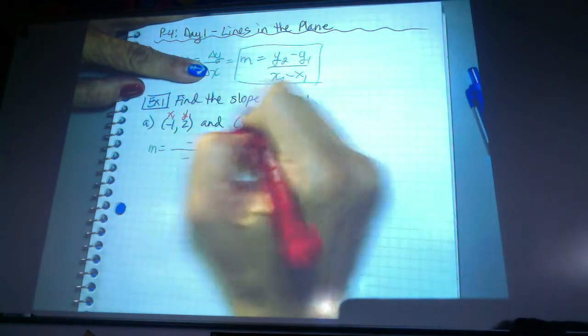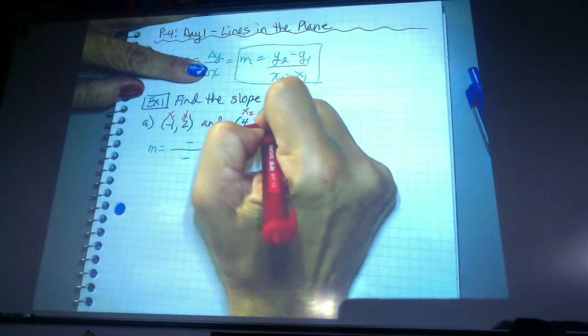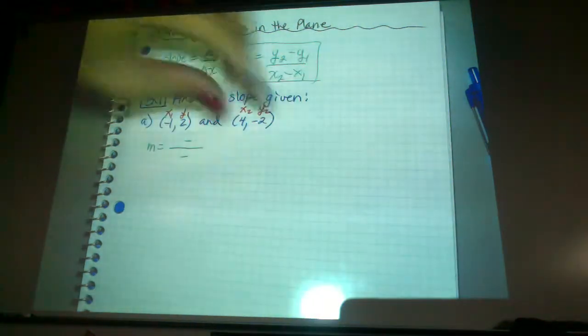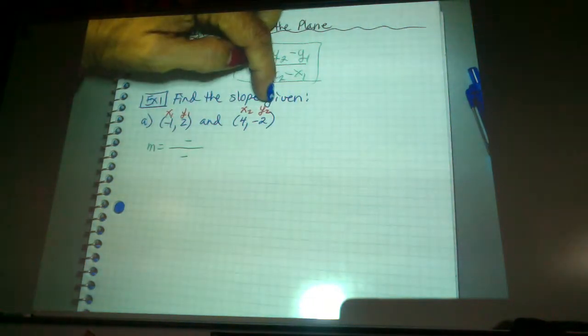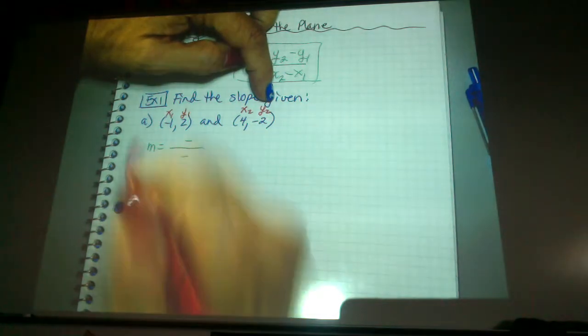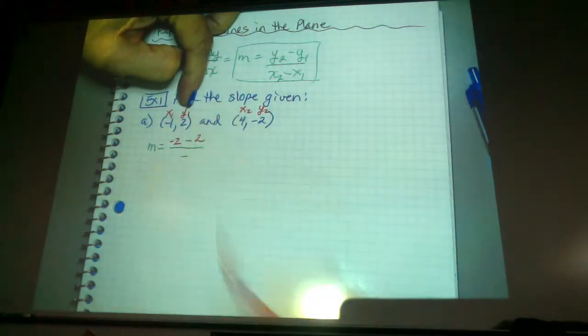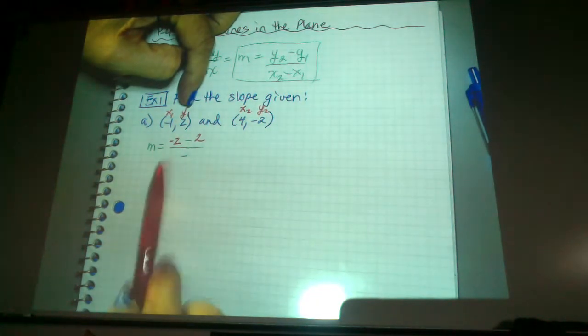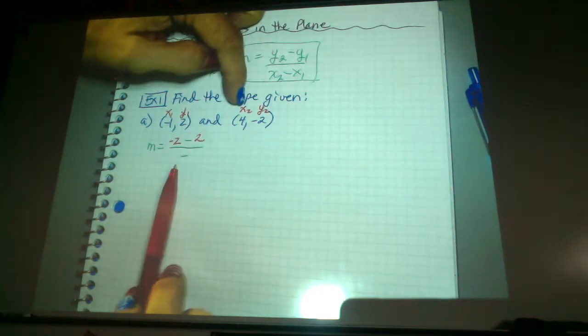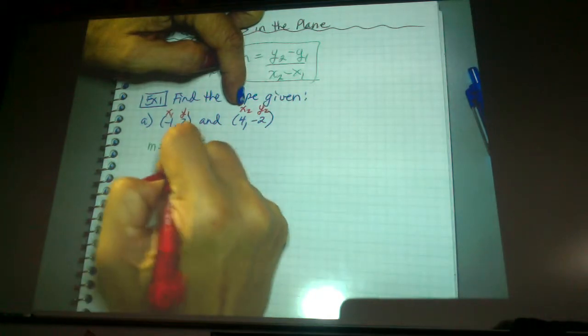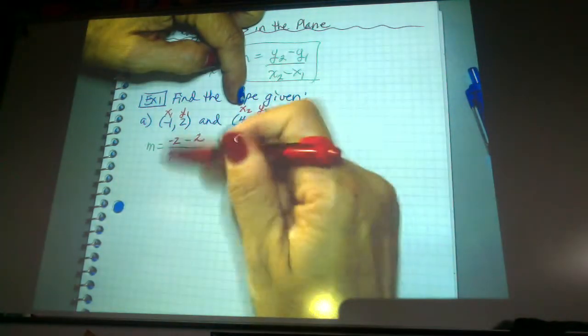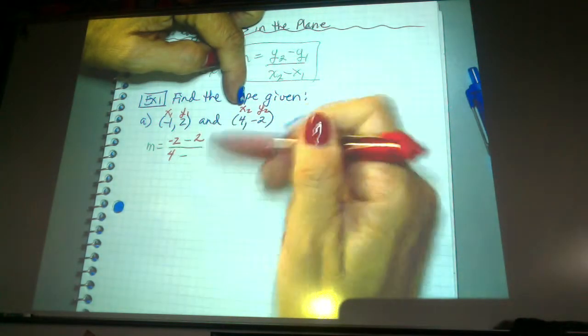And this one does make a difference as far as the order. If I choose to put a negative 2 here, and then the 2 follows it, when you're down in the denominator, that x sub 2 must come first. So the points of each ordered pair must be vertical to each other within the slope formula.